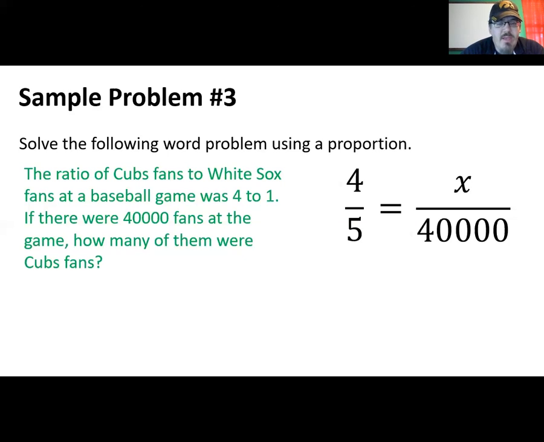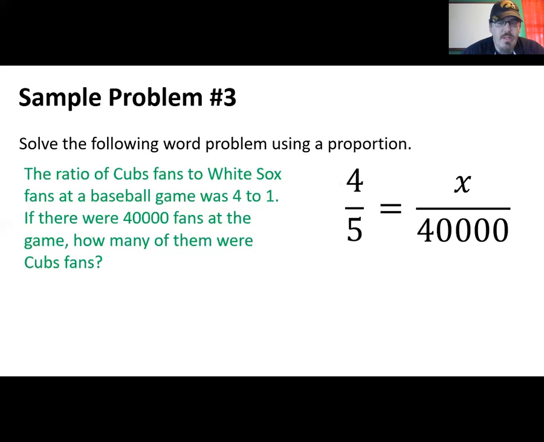In this case, we're trying to find out how many actual fans were Cubs fans. And we know that there were 40,000 total fans at the game. So there's where our variable and our other value in the denominator come into play. The key thing to note in this proportion is that when you look at the numerators, the 4 is related to Cubs fans.